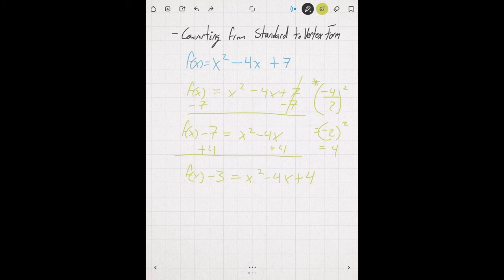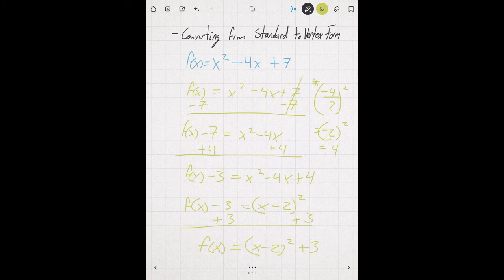So we can factor this down so that the right-hand side becomes x minus 2 squared. And now all we have to do is add the 3 back over. And here we go. f of x is equal to x minus 2 squared plus 3.